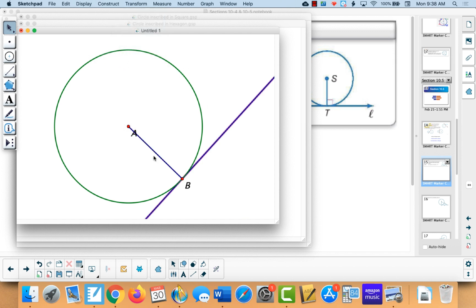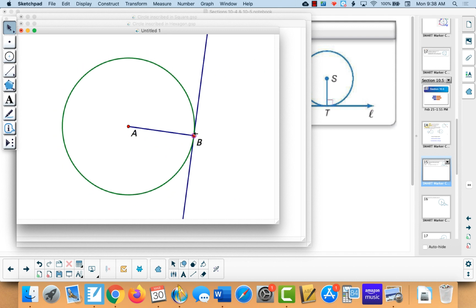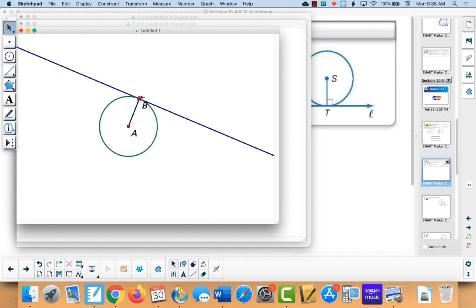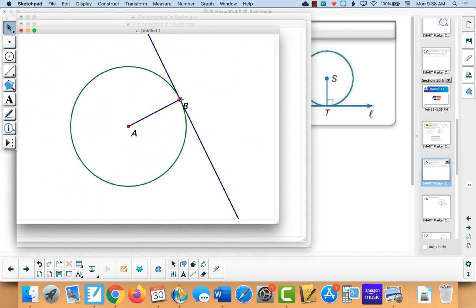Otherwise, you can't be certain that a line is tangent to the circle, but as long as it's perpendicular to the radius at the point of tangency, it has to be a tangent line. So later on, you're going to do investigations where you have to construct tangent lines. This is the only way to construct a tangent line. Make a circle, draw in a radius, and at that point of tangency, construct a perpendicular line.